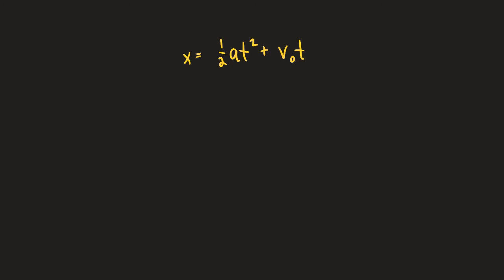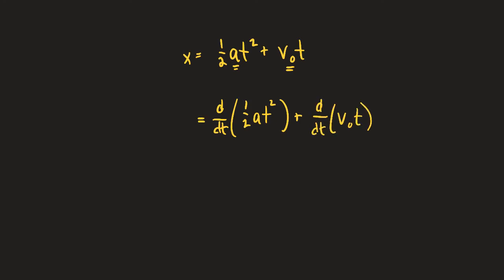Look familiar? When you take the derivative of this, remember a and v naught are coefficients here. So if I take the derivative with respect to time, I should be able to treat these just like any polynomial.